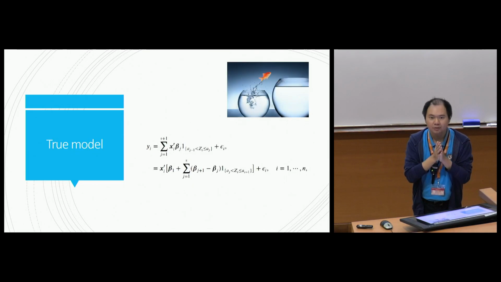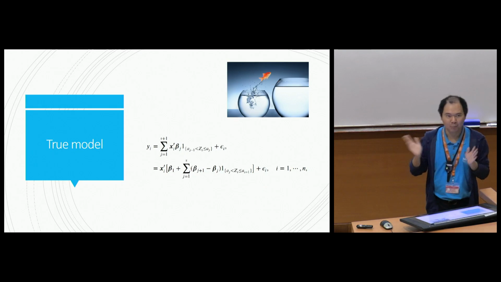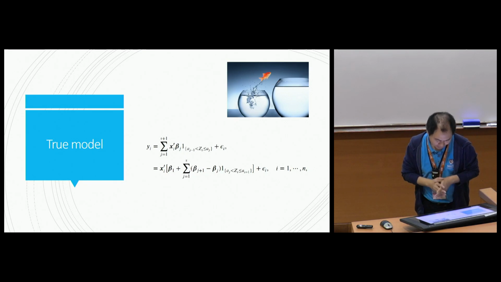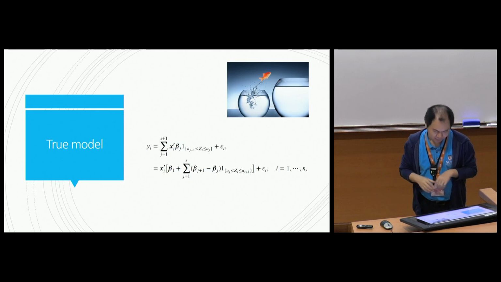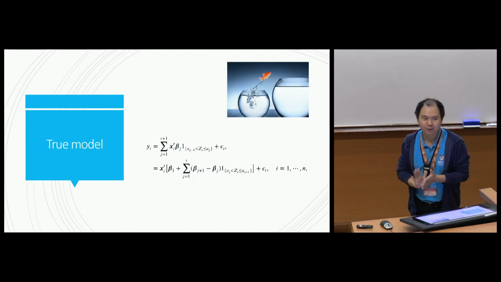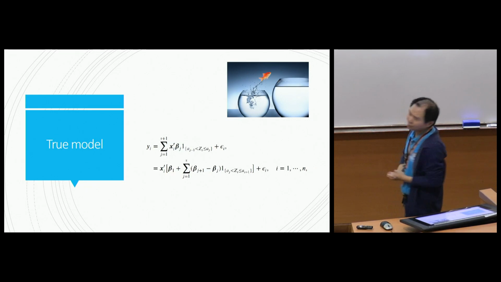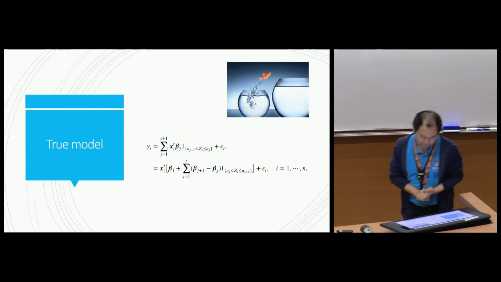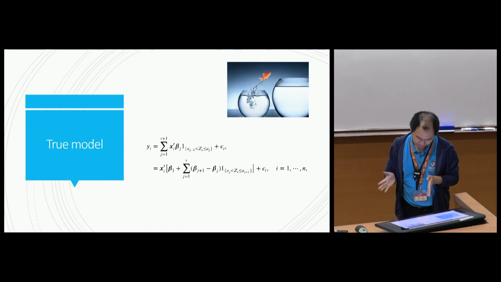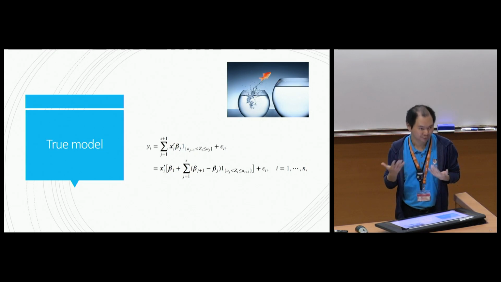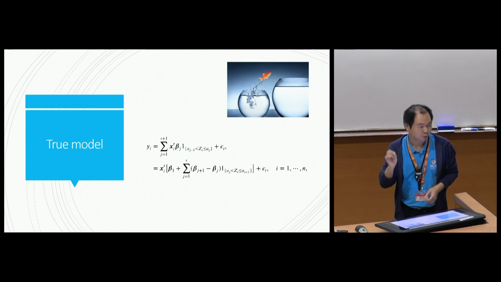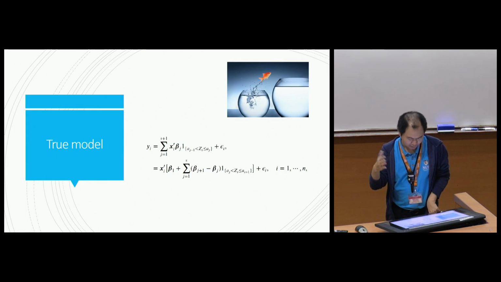All right, so now let me introduce the model we are trying to study in this project. It's just a very simple linear regression model. Basically, it's just a piecewise linear model. In this piecewise linear model, you can see, depending on the value of z, the regression coefficients for x will be different.